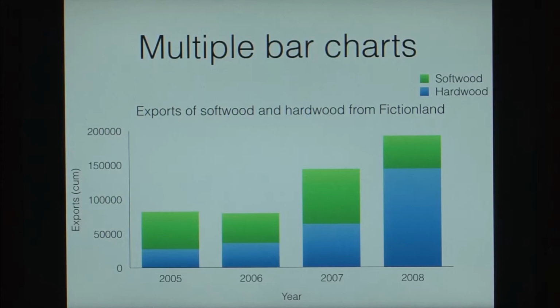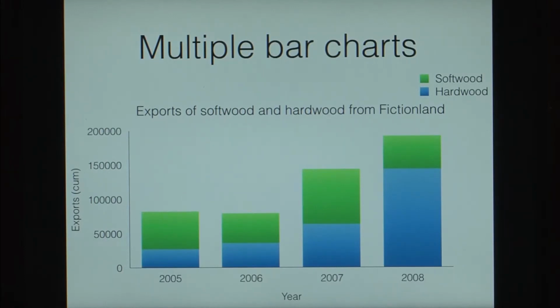On the y axis we have the exports in cubic meters. The softwood is represented in green color and the hardwood is represented in blue color. We can make out that the total exports have been increasing. Now, how do we make out these total exports? By looking at the cumulative length of the bars with the green and the blues combined.